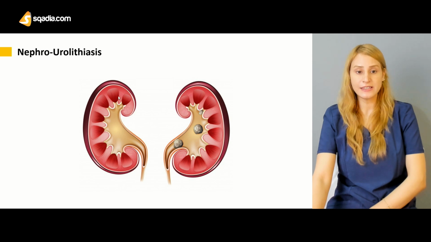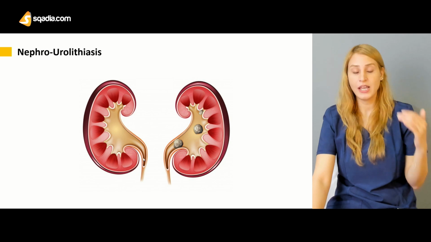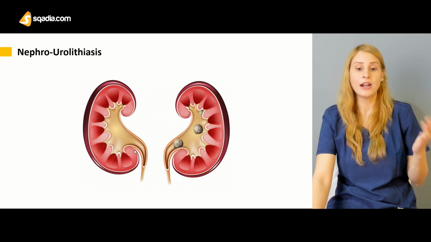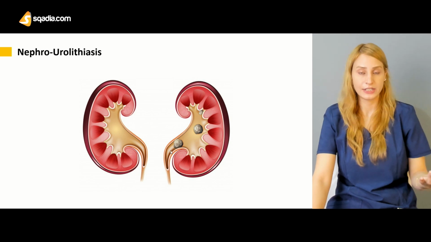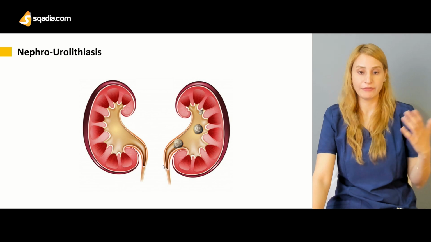These renal pyramids are entering into the calyces. This is the renal pelvis, which goes down to the pelvic ureteric junction, where the renal pelvis enters into the ureter, and the right and left ureters exit from the renal pelvis.